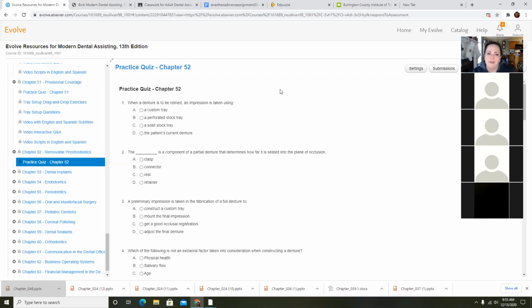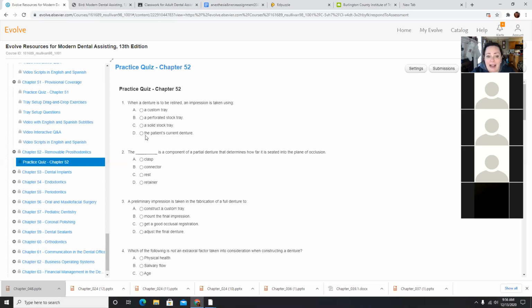And we need to do something called a reline in the denture in order for it to fit the patient. So the reline is done right where? To make that denture fit. The patient comes in the morning, we take an impression using which of these?